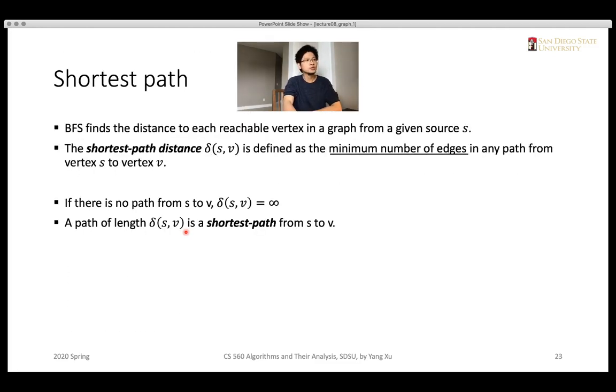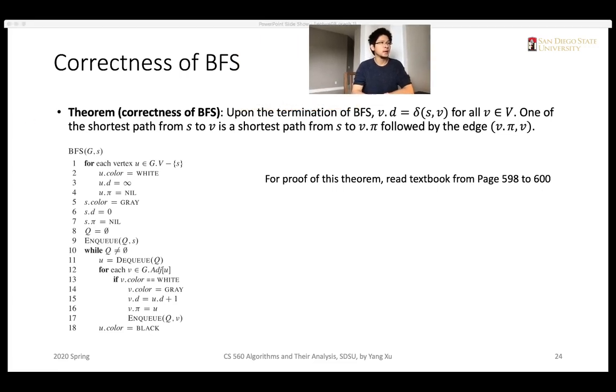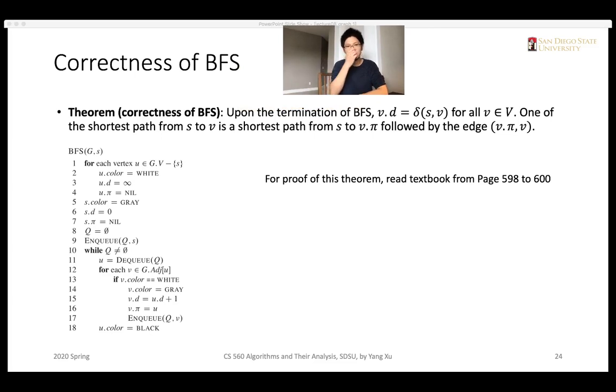Okay, so we can use this definition to prove that BFS is correct. It's called the correctness of BFS theorem. This theorem says that when the BFS is done, the D attribute for each vertex is the shortest path distance from the source vertex S to V for all the vertices in the graph.